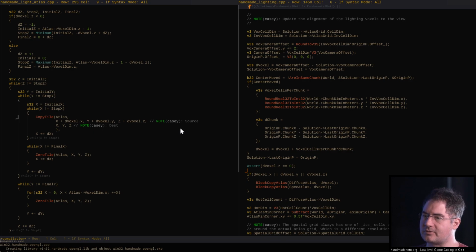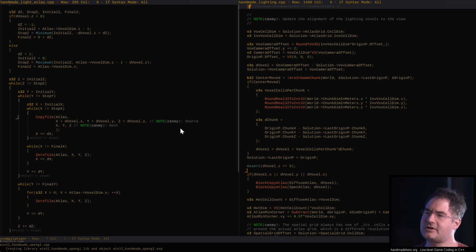Which could be completely wrong, A. But B, even if it was completely wrong, I'm not sure I know why we would see the behavior we're seeing. I guess we would see that behavior if it moved too much.